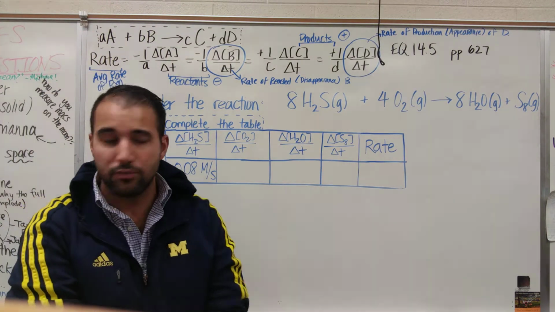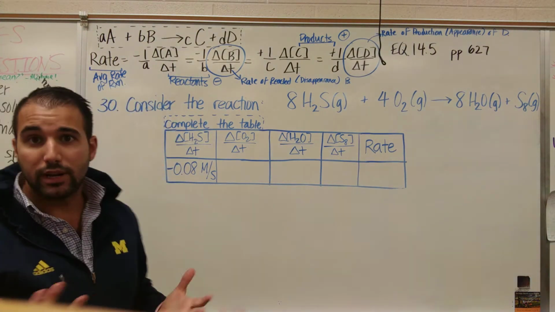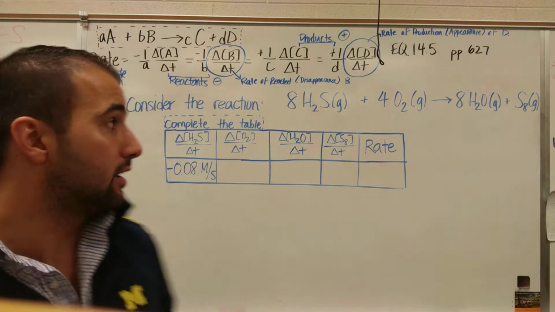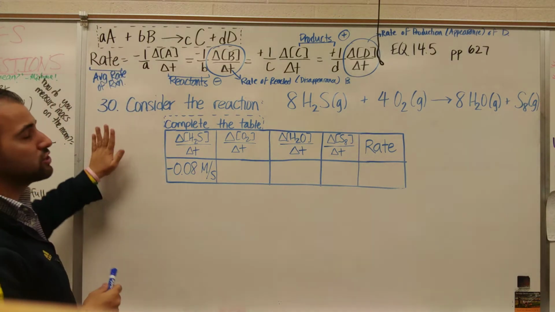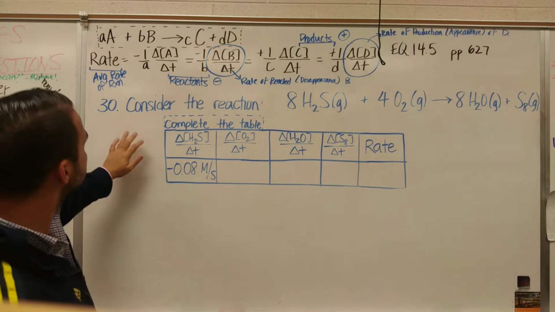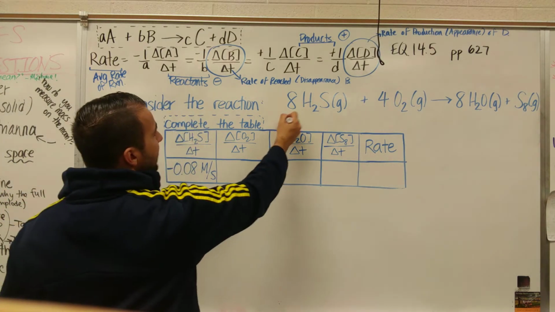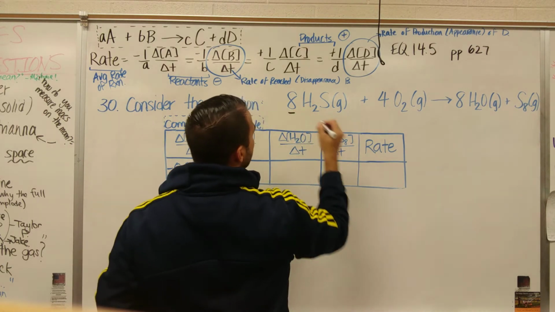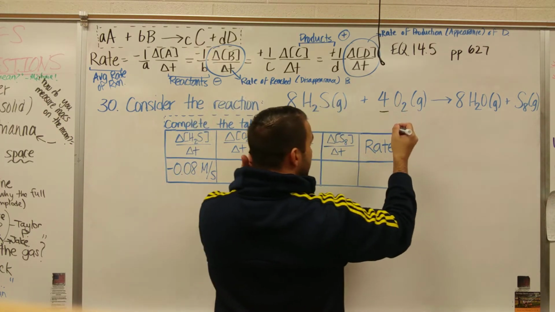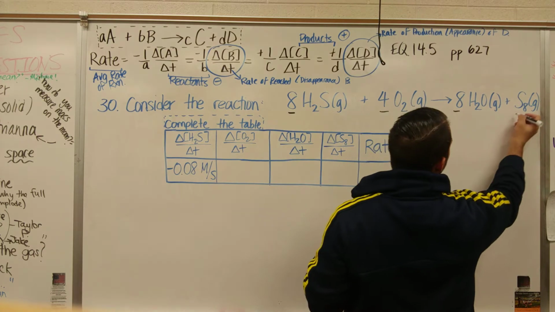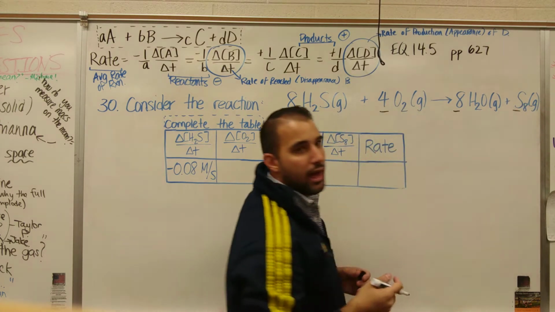So now I want to do an example, kind of similar to what we had in class. So this is question 30 from your exercises. Question 30 says, consider the following reaction. I have 8 H2S plus 4 O2 yields 8 H2O and 1 S8, right?